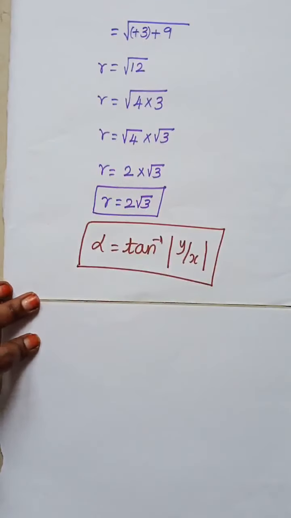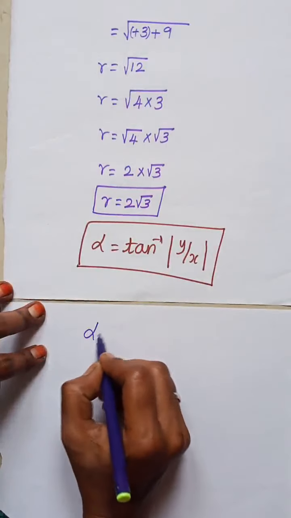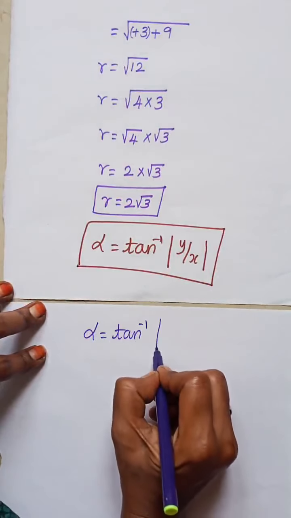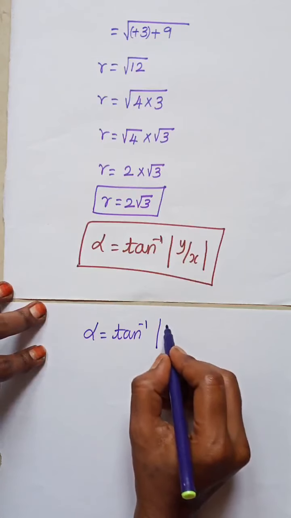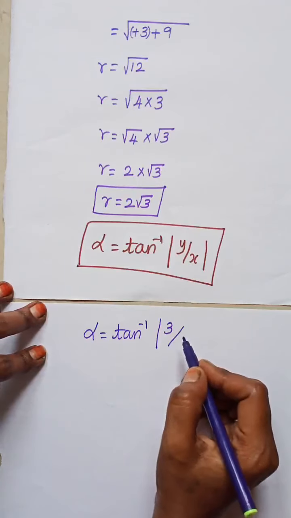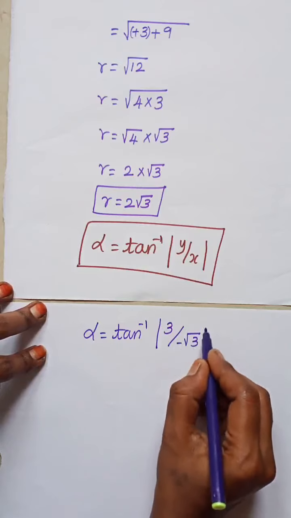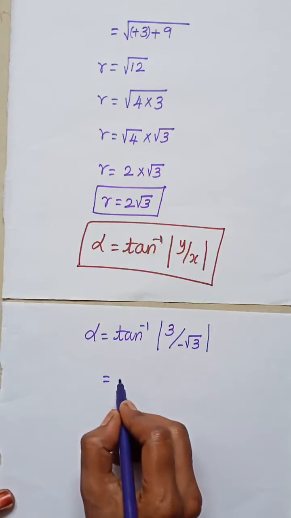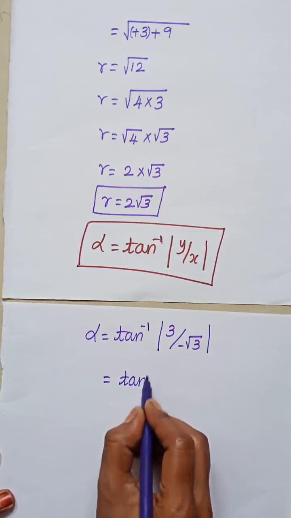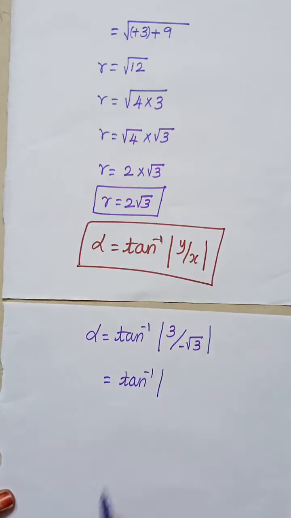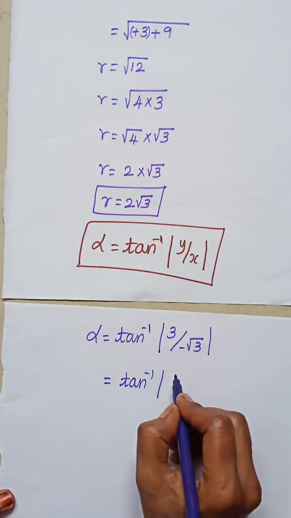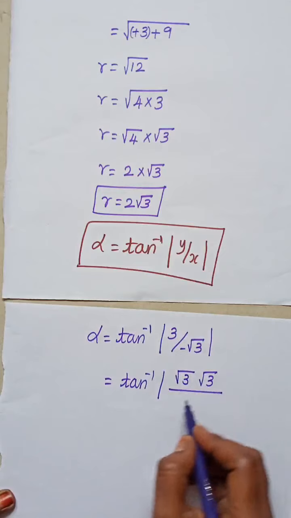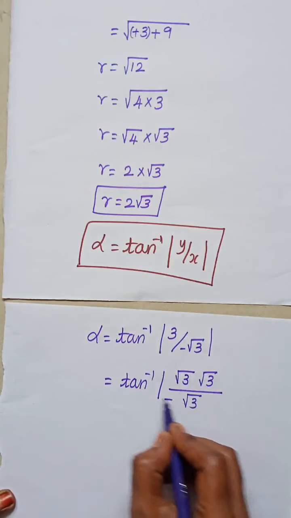So alpha equal to tan inverse of modulus 3 by minus root 3. 3 can be written as root 3 into root 3, divided by minus root 3.